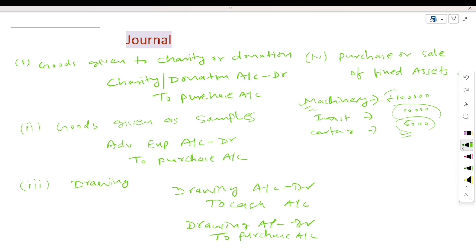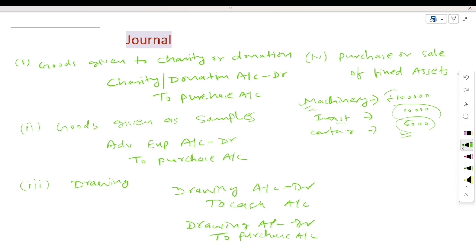It means we need not open any other account for these expenses while purchasing the machinery.